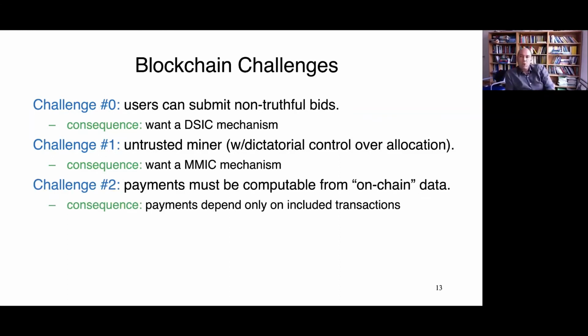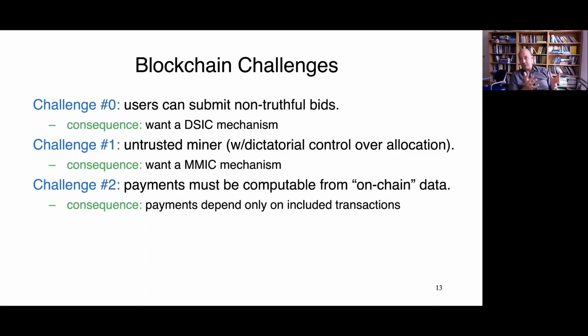Another quirk of the blockchain setting is that payments should be independent of the losing bids, which obviously is different than something like a second price auction. The reason for this is that blockchains are basically hermetically sealed environments. They don't reference anything from the external world outside the blockchain itself. And only the winning transactions are recorded on chain.